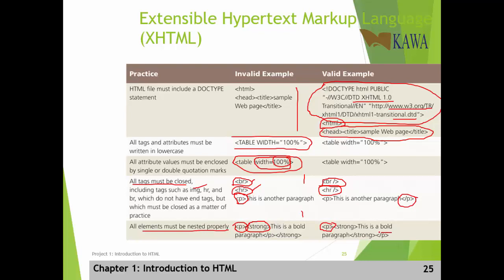Paragraph, you see, we have closed it last, because inside it you have another element, strong, which must close inside. So these are all specifications of the browser and standard of HTML. So as you can see here, this is how it is supposed to be. This is an invalid example.